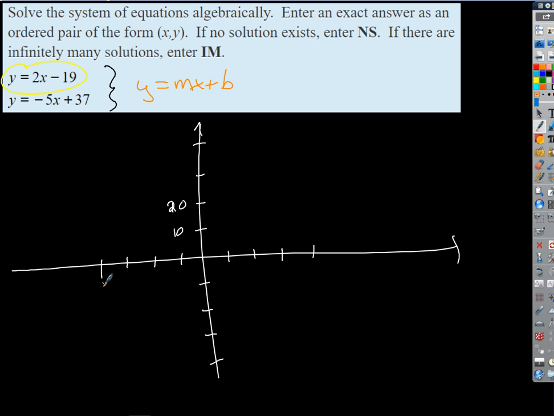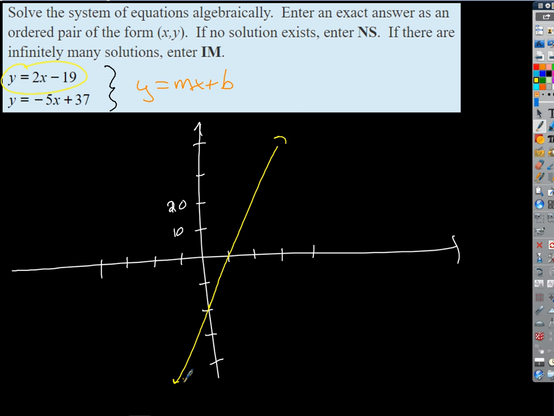So if I graph this yellow one, I've got a y-intercept of about negative 20, so just a little less than that, negative 19. And I'm going to rise by twice as much as I run. So it's going to look pretty much like that, isn't it? Everybody agree?